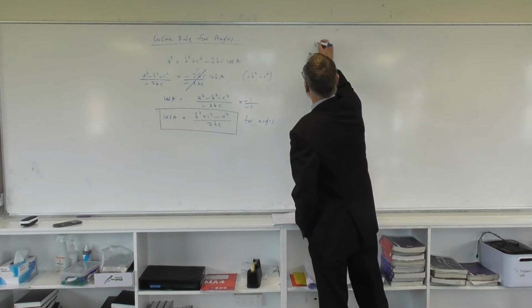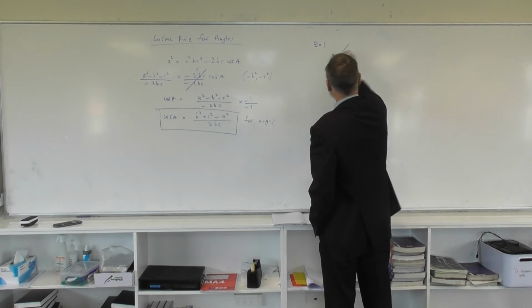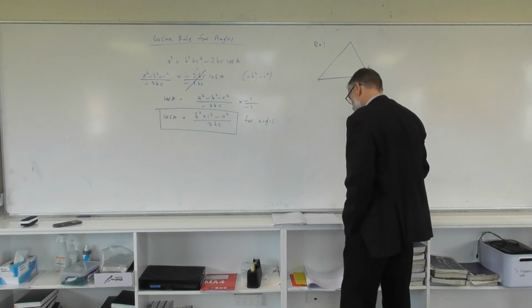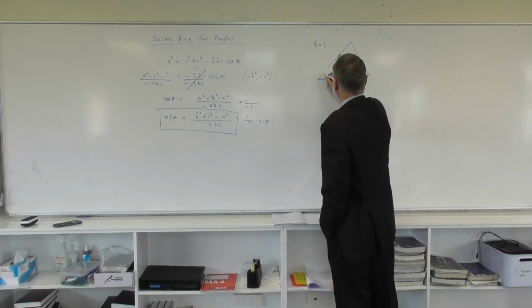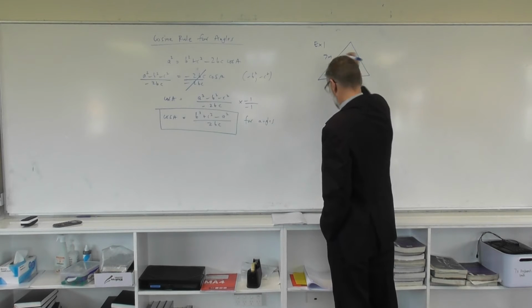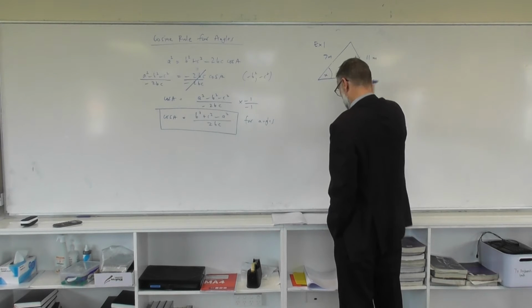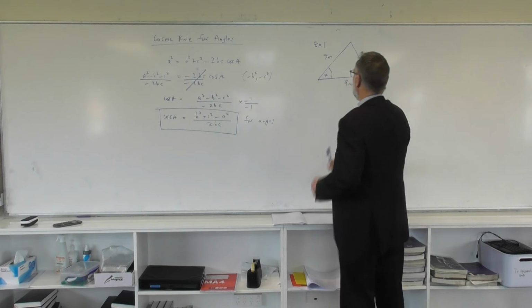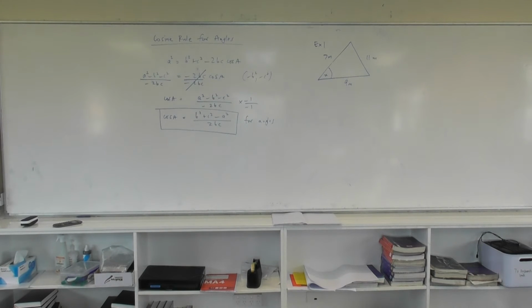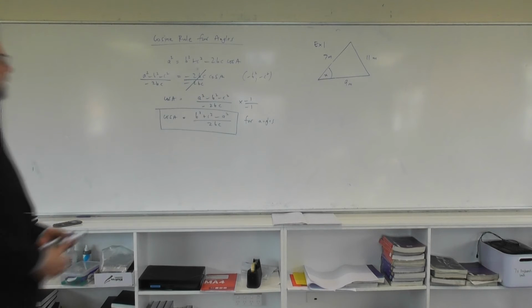So here's an example to have a go at. That's a nice triangle. I'm trying to find x here, and the sides are 7 meters, 11 meters, and 9 meters. So just grab a colour of pen. First of all, can we do that?